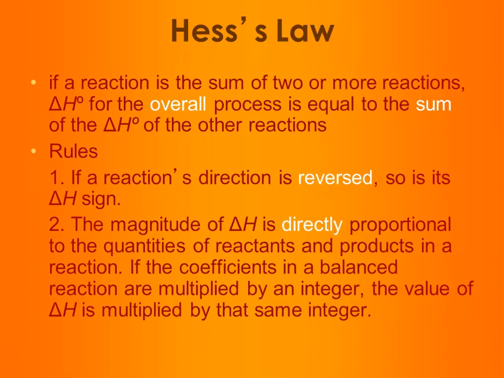So if you have to adjust all of your coefficients by a factor of 2, your enthalpy values would be multiplied by that factor of 2. If you had to adjust all of your coefficients by a factor of 1/3, then your enthalpy would have to be multiplied by that value as well.